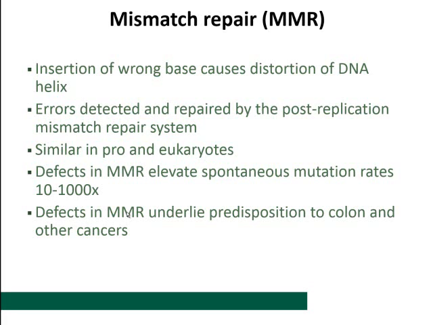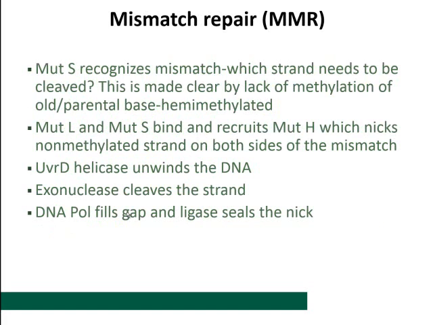And so this is repaired by this mechanism. If this mechanism is defective, it can elevate the spontaneous mutation rate 10 to 1,000 fold. And defects in this repair mechanism often lead to colon cancer and other types of cancers.